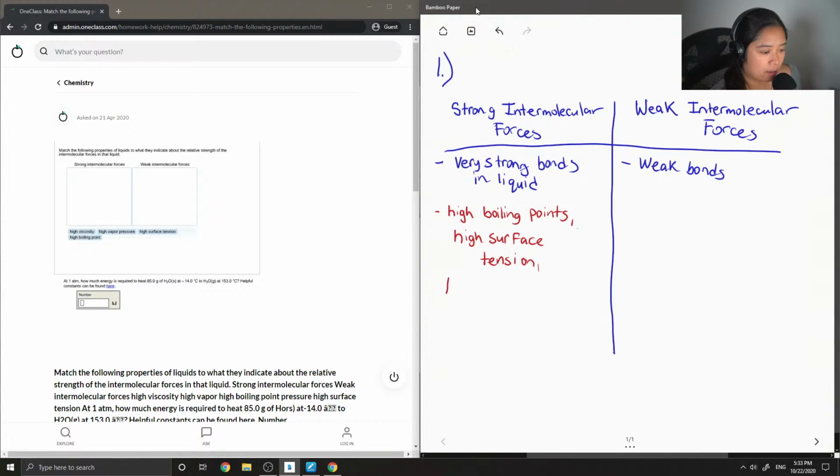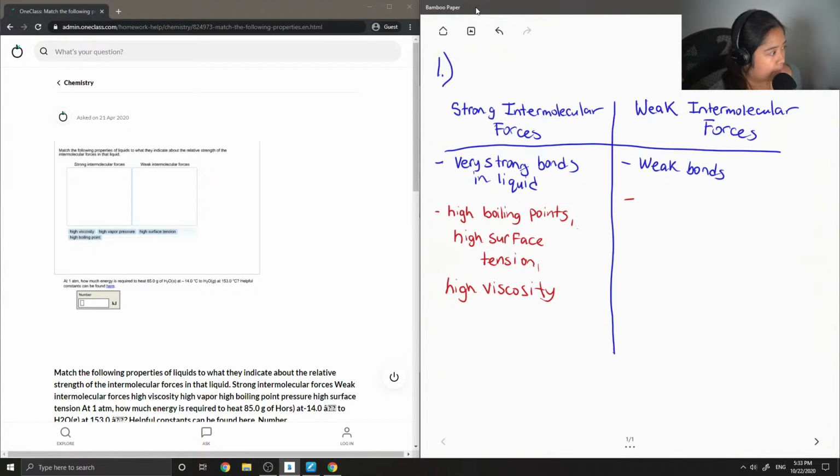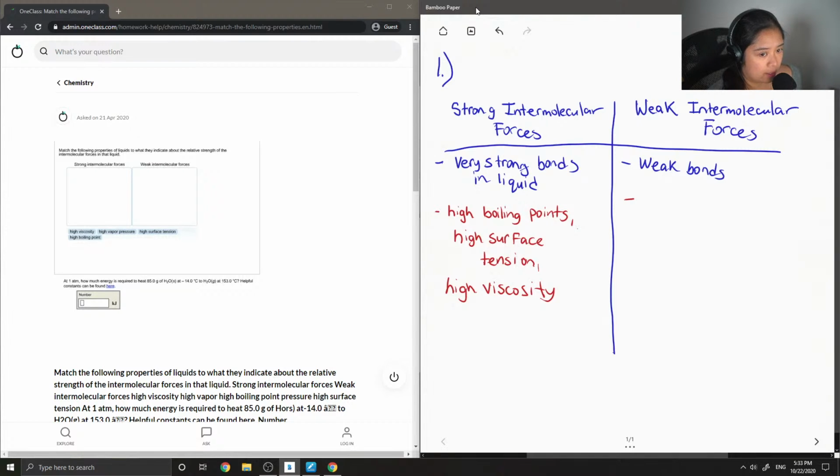And lastly, they also have high viscosity. And the only property of liquid that is in the weak intermolecular forces section would just be the high vapor pressure.